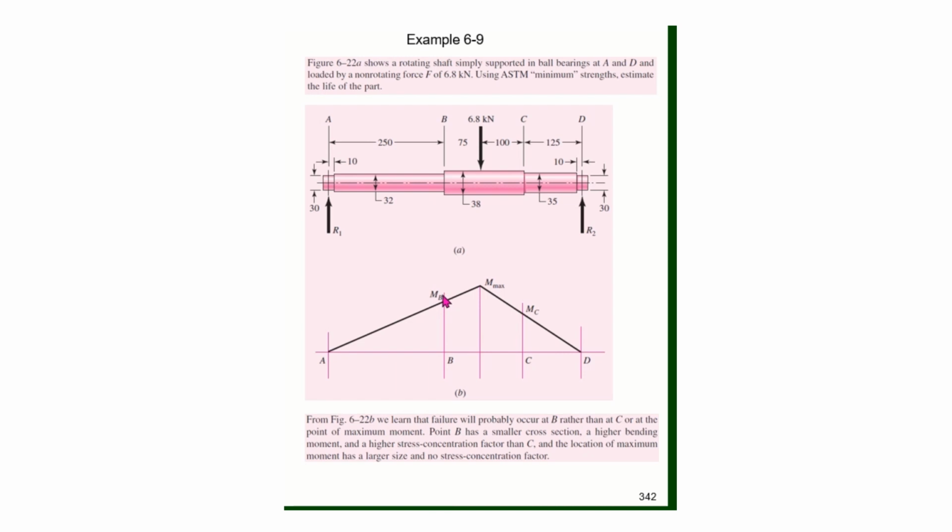So we're going to assume that point B is the critical location. But again, if you are given this problem and it's not clearly stated that point B is the critical location, you would need to check both this maximum moment point and this point B.